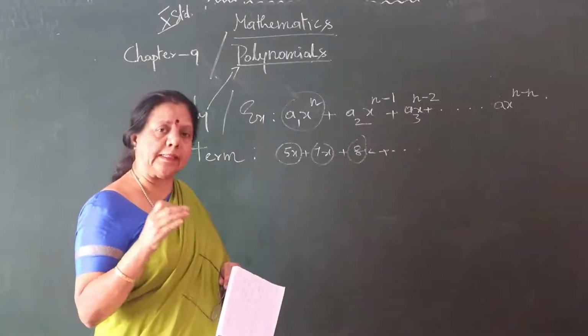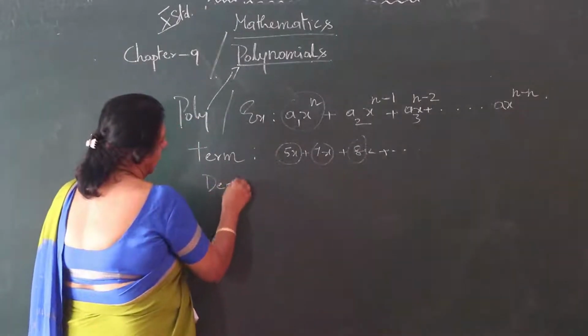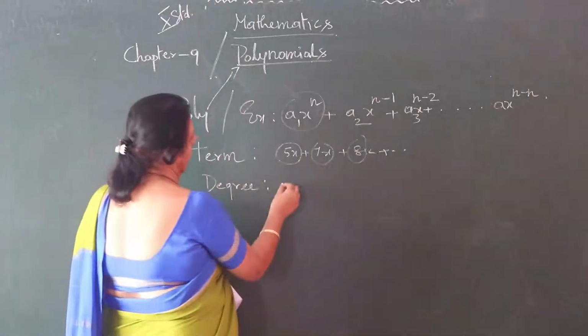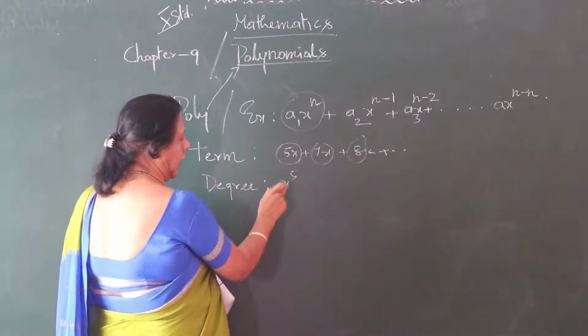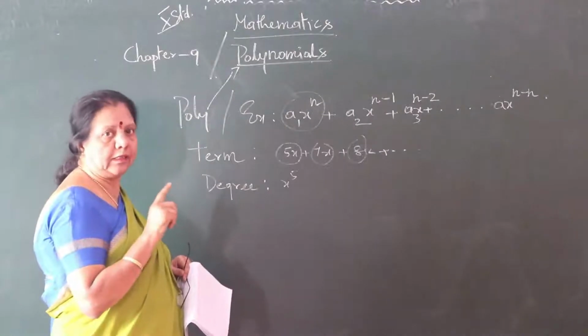Then come to the second terminology, degree. Degree is the power. Suppose x to the power of 5: what is the power? 5. The degree of x is 5. We call it 5. That is the degree.